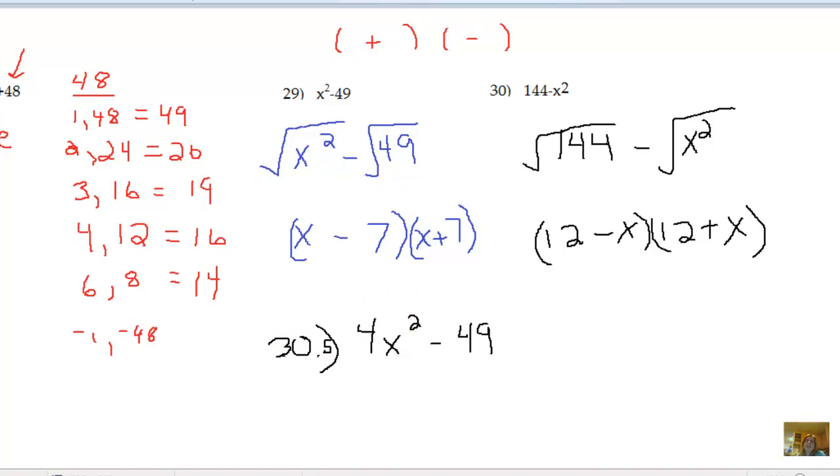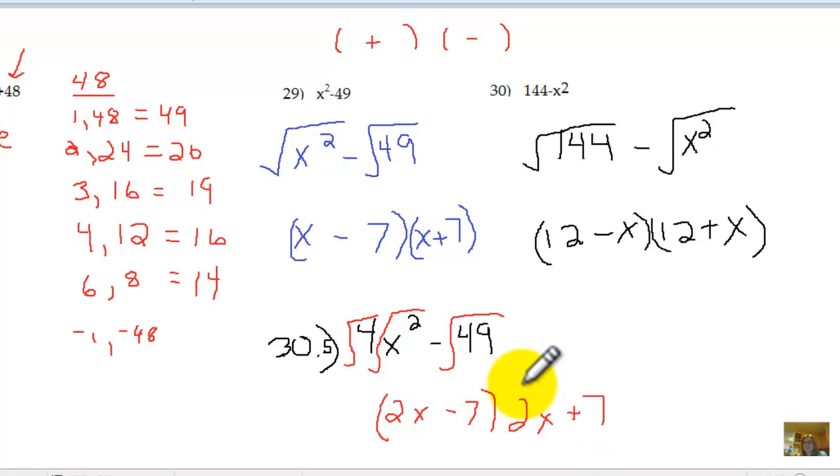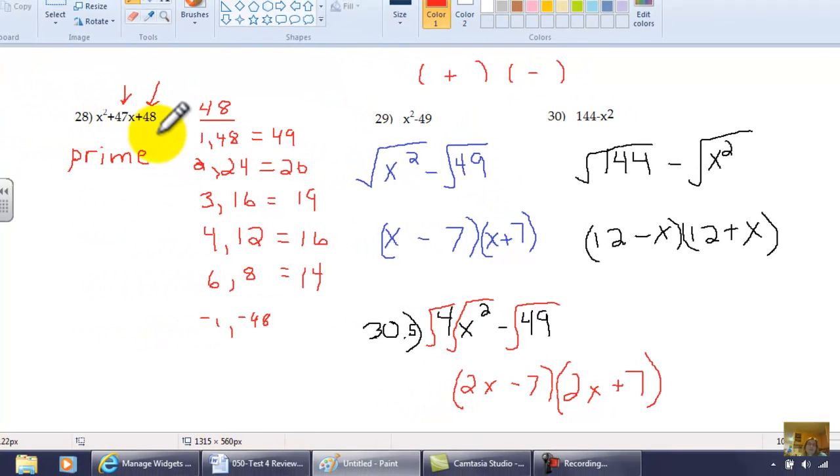Anyway, you would take the square root of each of those terms, just like that, and you would get 2x minus 7, and then 2x plus 7. It's just that easy. Okay, and those are 3 examples now of the difference of squares. And this is an example of a prime quadratic.